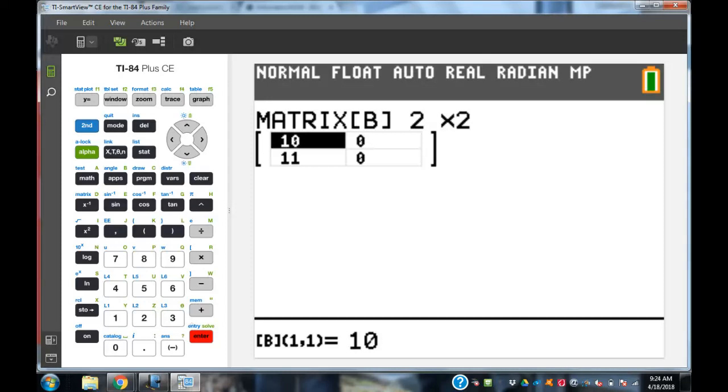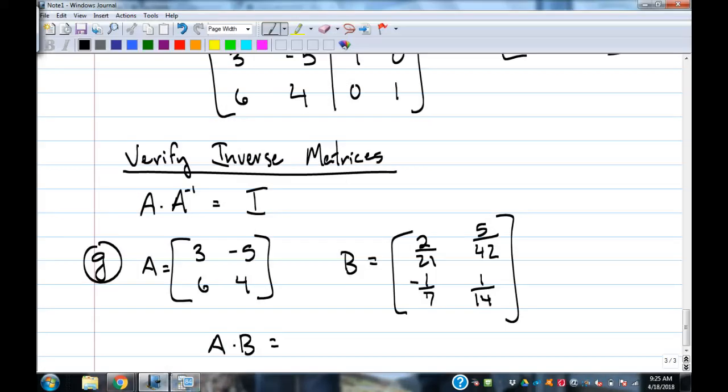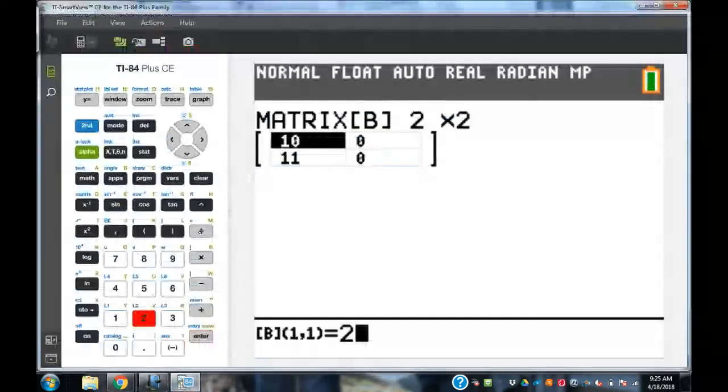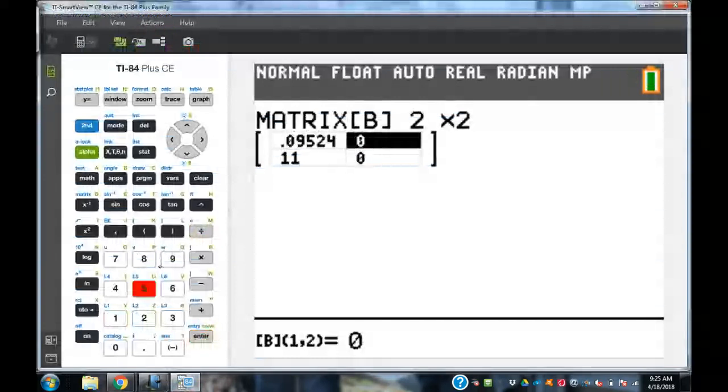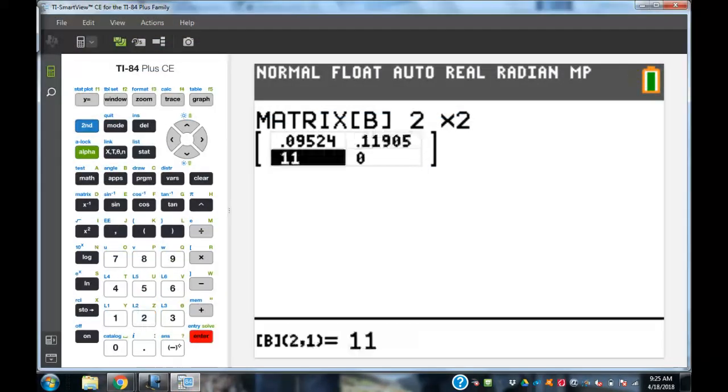Or you could find the inverse of matrix A and see if it matched matrix B. If it does, then they're inverses of one another. So you got 2 over 21, 5 over 42, negative 1 over 7, and then 1 over 14.